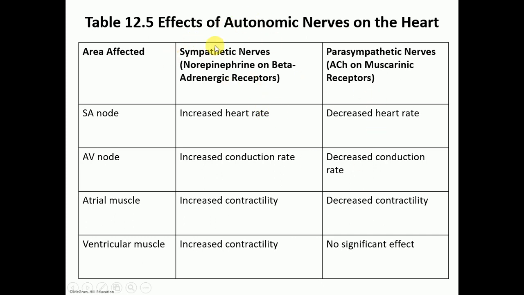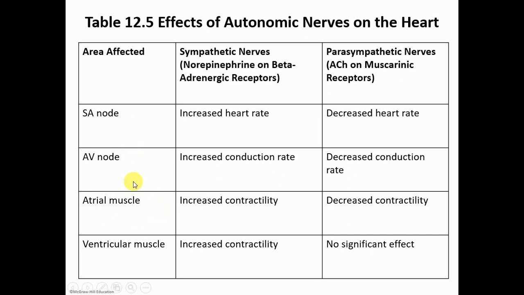The sympathetic nerve fibers use norepinephrine or epinephrine, and they stimulate beta adrenergic receptors. These receptors are found on the SA node, AV node, on the atria, and in the ventricles, so pretty much on all parts of the heart.